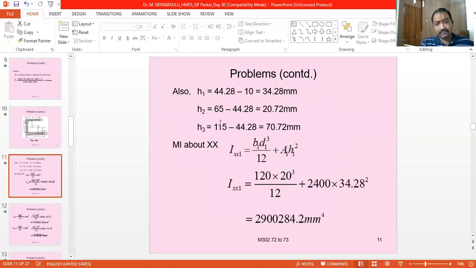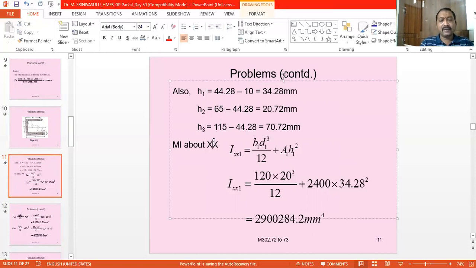Now coming to the moment of inertia of section 1, that is Ixx1 for rectangle 1. We know the formula. The common formula for a rectangle is Ixx equal to b d cube by 12. So in this case, b1 d1 cube by 12 plus a1 h1 square.